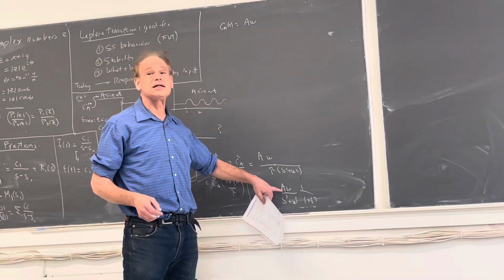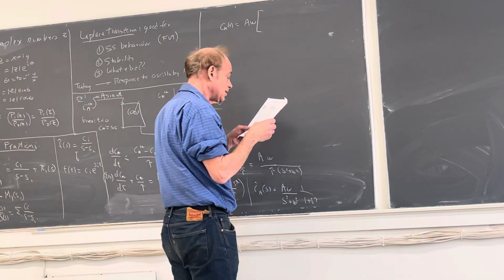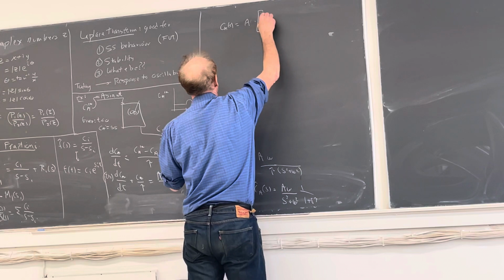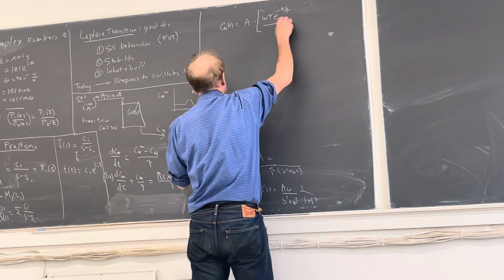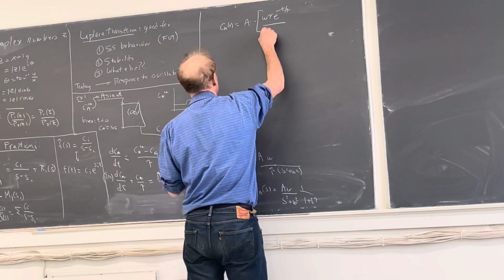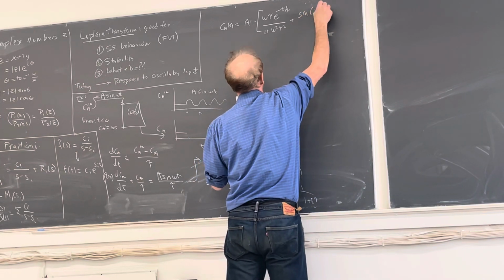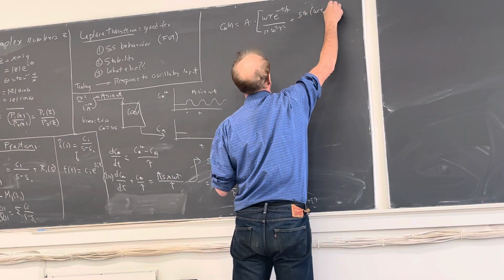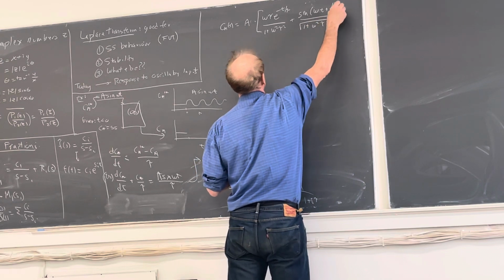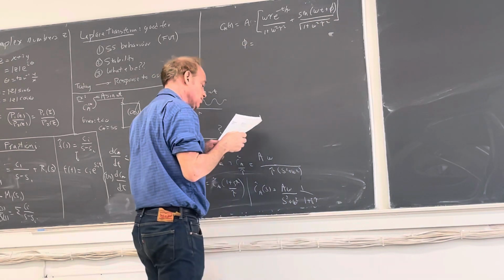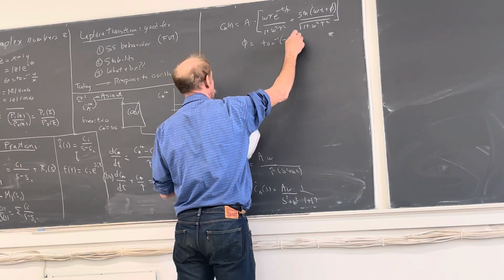Line 16 is exactly this without the A. So I factor out the A, and now I multiply it by omega times e to the minus t over tau, divided by 1 plus omega squared tau squared, plus sine omega t plus phi, divided by the square root of 1 plus omega squared tau squared, where phi is equal to the arctangent of minus omega tau.